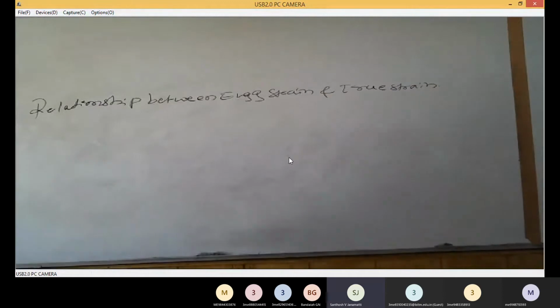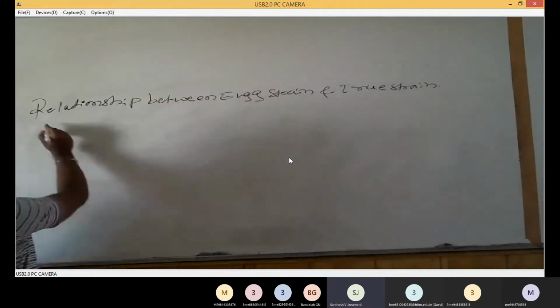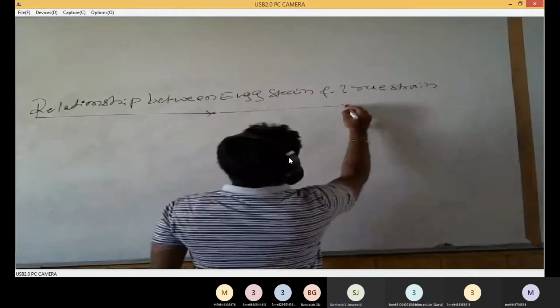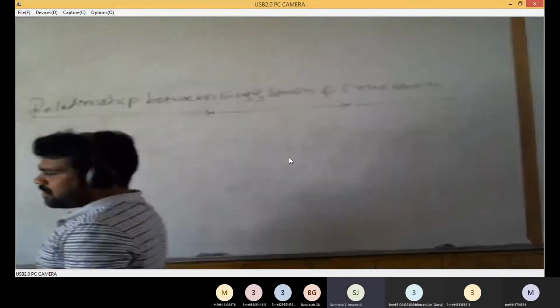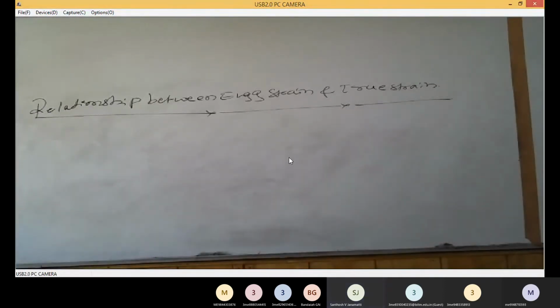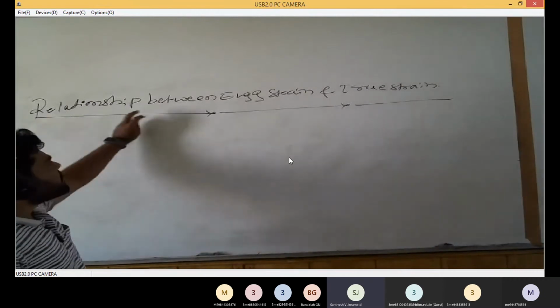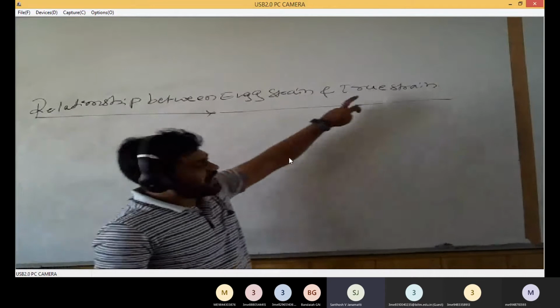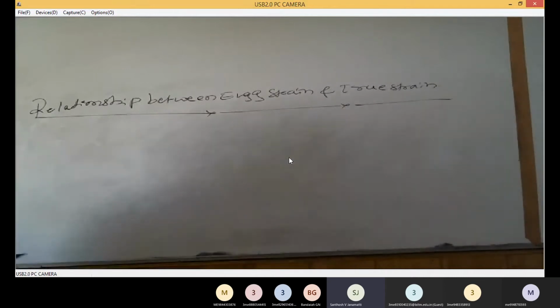Now we have to establish the relationship between engineering strain and true strain. So how would we establish the relationship between engineering strain and true strain? This is a small derivation which we can derive by establishing the relationship between engineering strain and true strain.